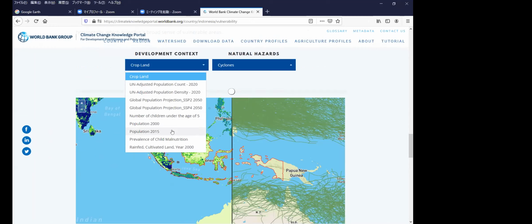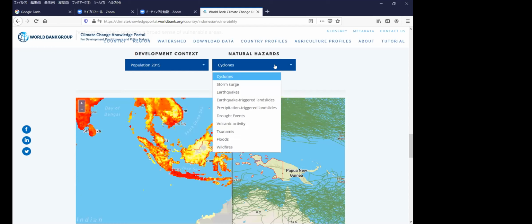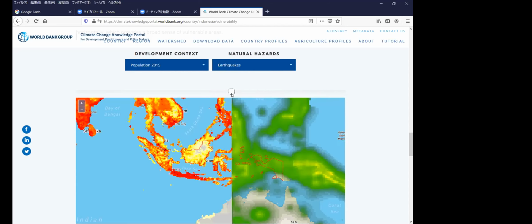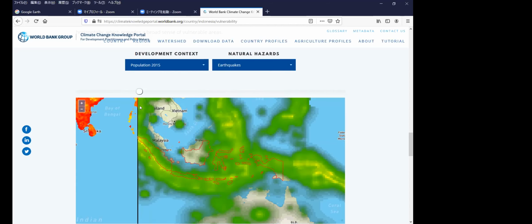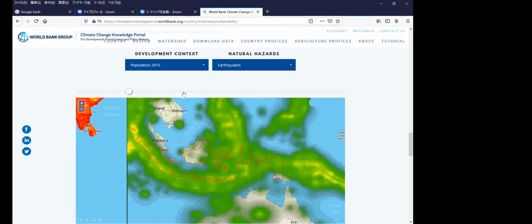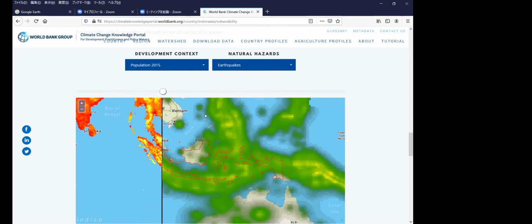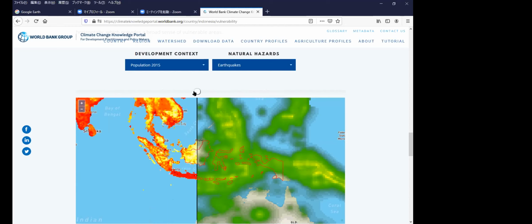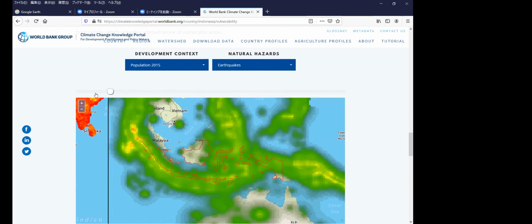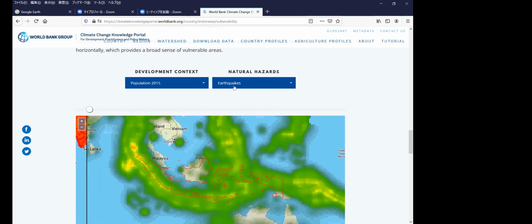I choose population 2015 on the left side, and I choose earthquake on the right side, and by moving this slide border from left to right like this, we can know, if I move this slide bar to the left side, the risk indicator of earthquake.